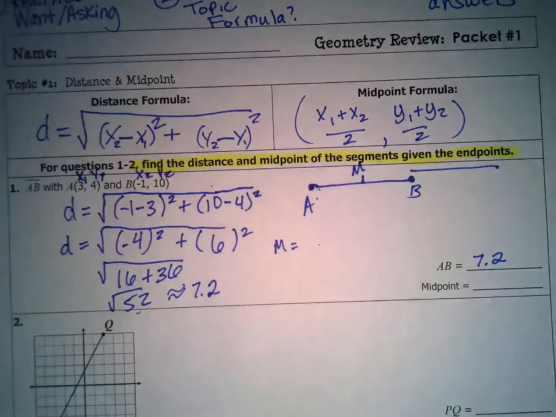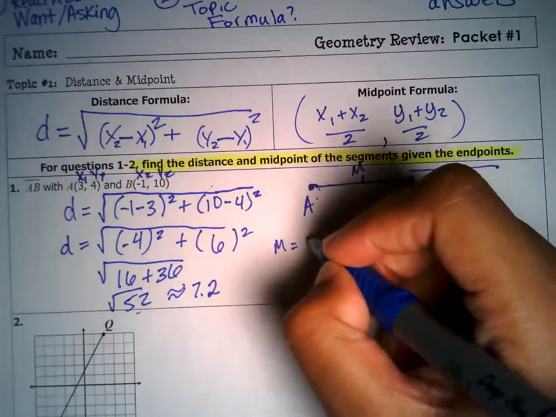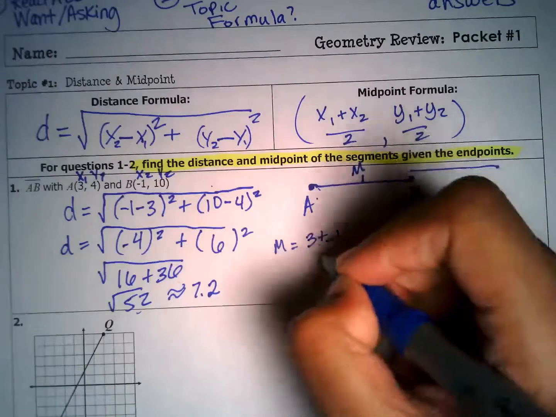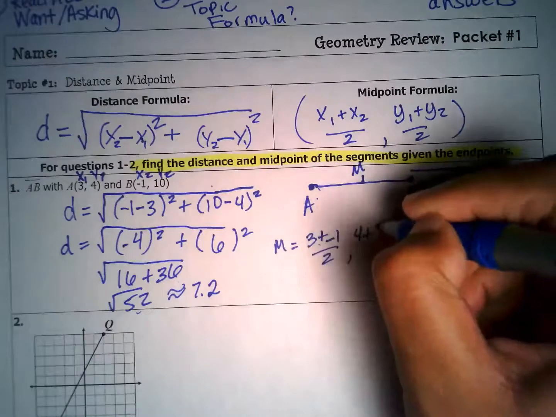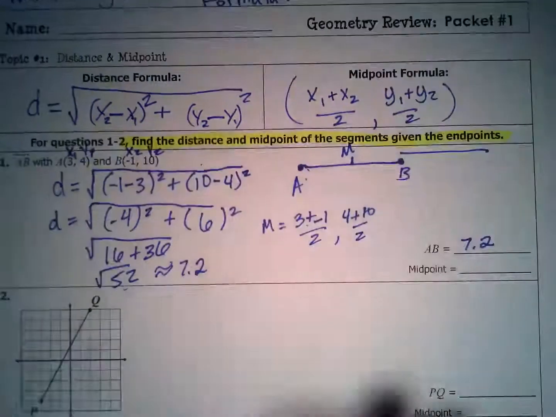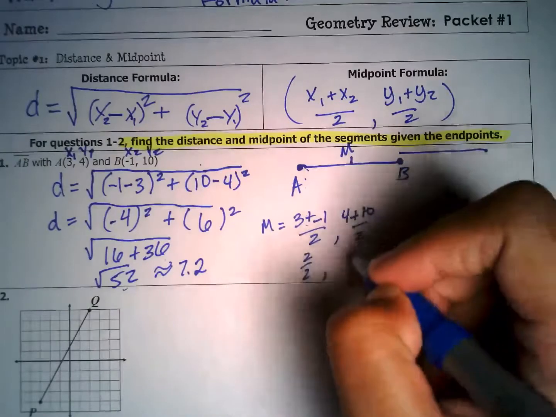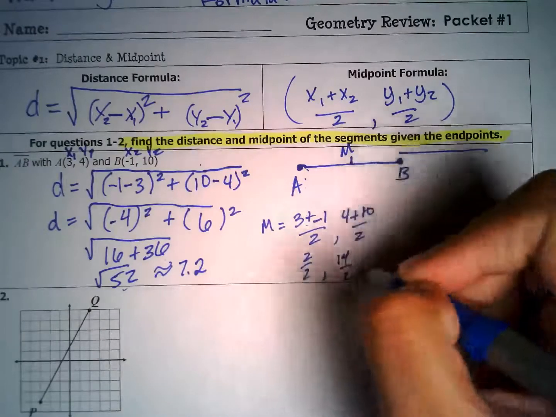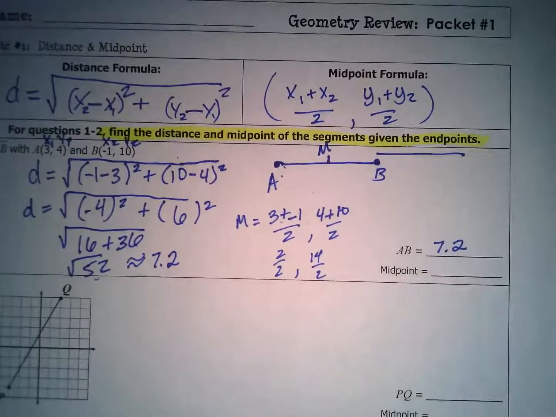We already talked about what the x's were, right? So I have, what, 3 and negative 1. Go ahead and add those. And add the y's. 4 plus 10. Right? So that's what, 2 over 2 and 14 over 2. We should have a coordinate set right now. What's that coordinate set?